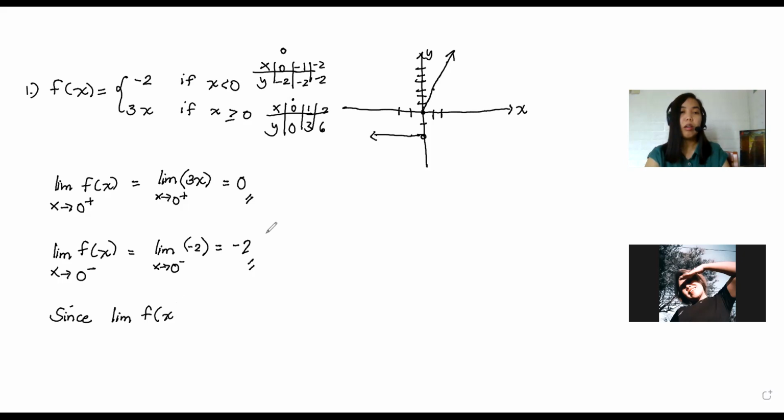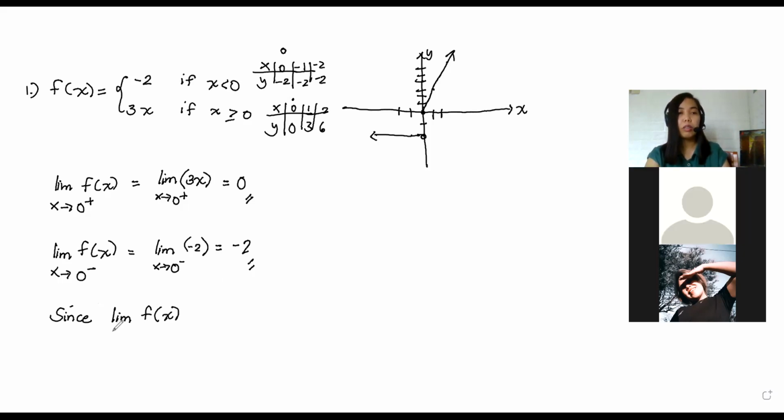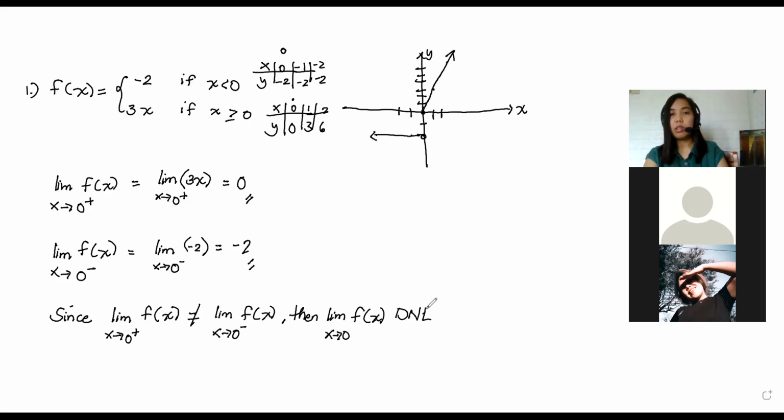Therefore, since the limit of f of x as x approaches 0 from the right is not equal to the limit of f of x as x approaches 0 from the left, then the limit of f of x as x approaches 0 does not exist, or DNE.